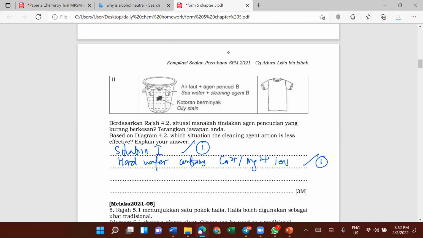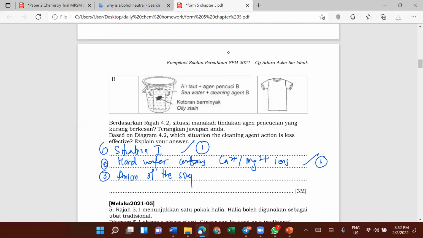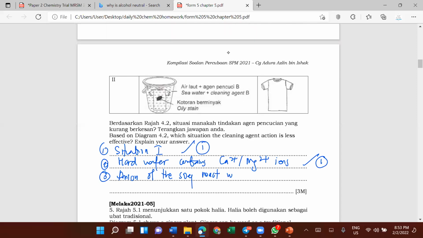And then his 3rd mark: most of you say soap is reacting with the calcium and magnesium, actually it's the anion of the soap that will react with calcium and magnesium to produce scum. If you don't want to use the word scum, you can put insoluble salt, also okay. And that makes it less effective.